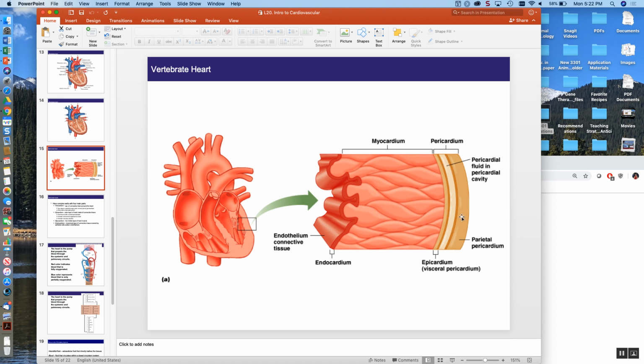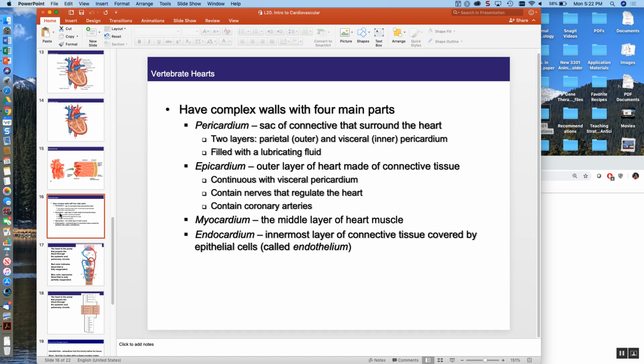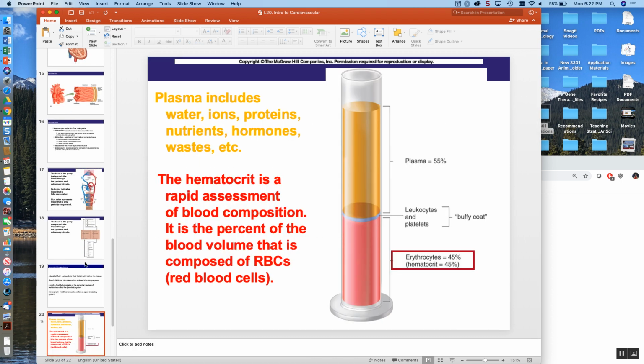That's the pericardial sac. Myocardium is the muscle, and then the inner part is the endocardium with epithelial cells that are attached. And if you need some text when you get home, if you didn't get all that, then here's some text associated with that explanation. All right, okay.